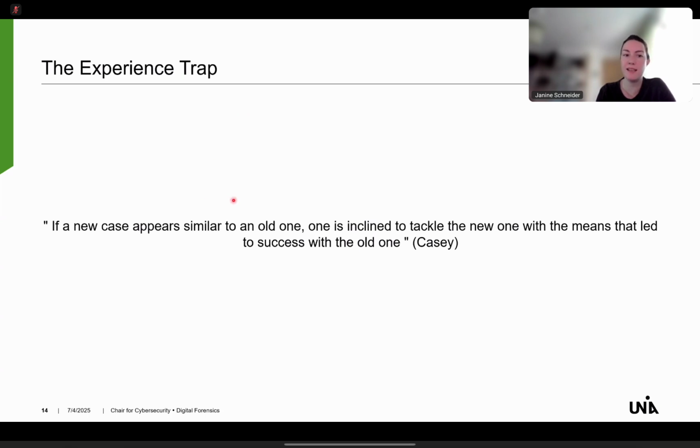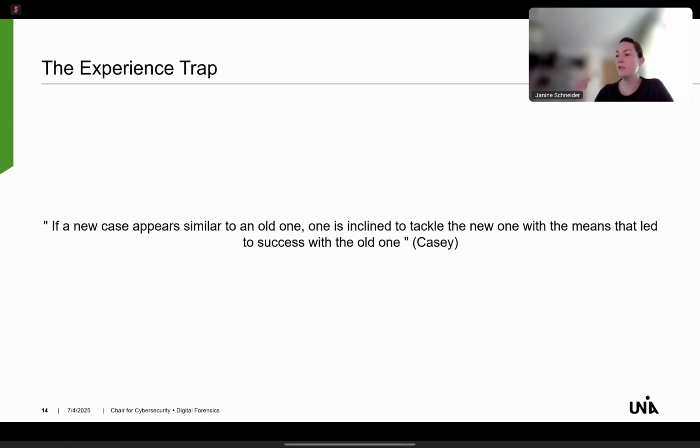The experience trap says that if a new case appears similar to an old one, one is inclined to tackle the new one with the means that led to success with the old one, which is reasonable, and people do it all the time. This is actually the basis of all our learning.